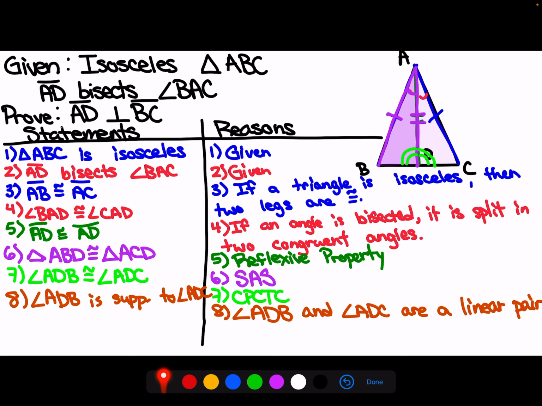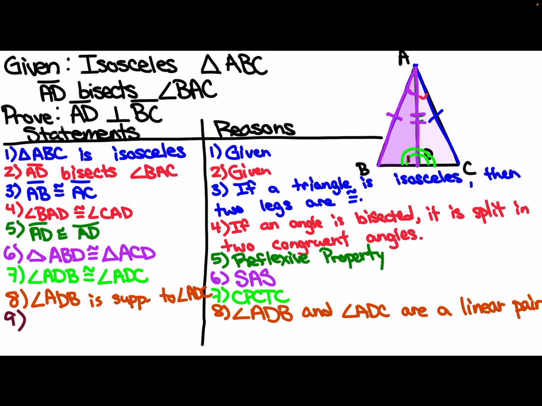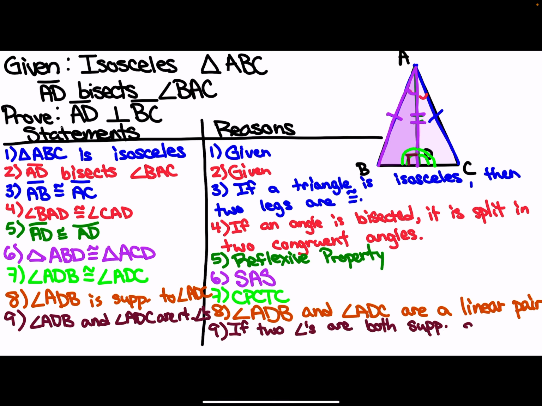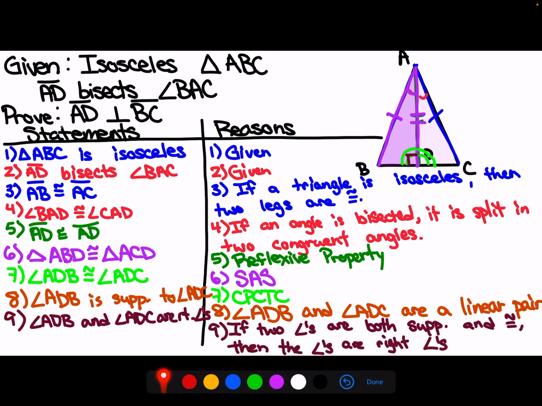Lastly, well, not quite lastly, since these angles are both congruent and supplementary, I can now say that angle ADB and angle ADC are right angles. Because if an angle is congruent and supplementary, then the angle is a right angle. Again, this is the theorem that we just covered on the last slide.